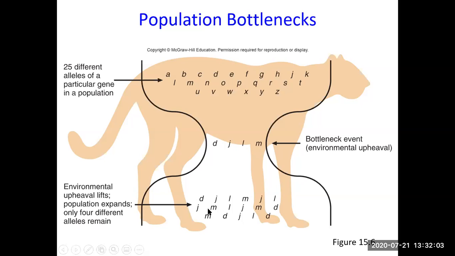But this new population has lost a lot of alleles which were present in the original cheetah population, because the ancestors had only D, J, L, and M. Even if they are inbreeding and producing new individuals, the individuals have lost the variety of alleles which could have been there in the original population. So this was the bottleneck event.